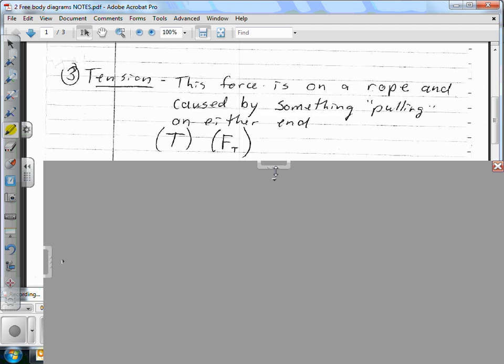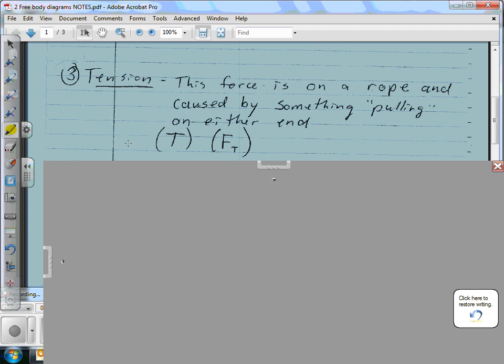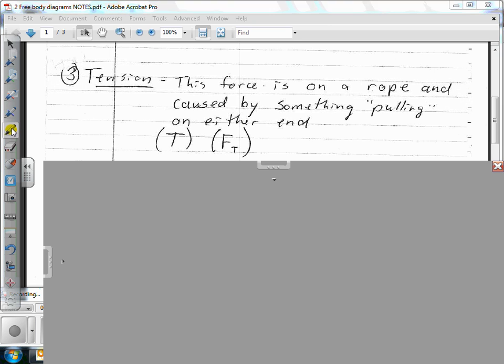These are the abbreviations for tension. We have a big T, or force subscript T. Those would be two abbreviations for tension. The tension is going to be a very important idea that we use to study Newton's third law, which we haven't quite talked about yet.